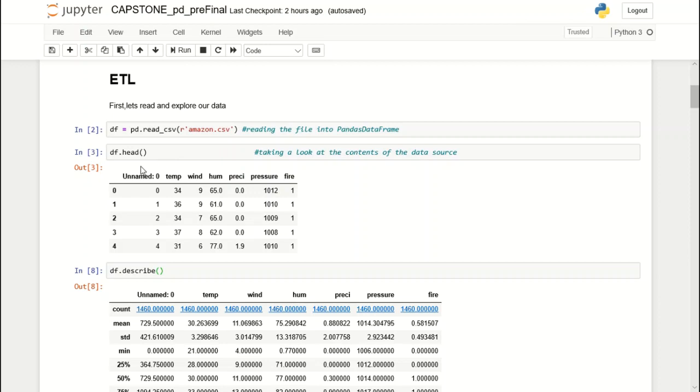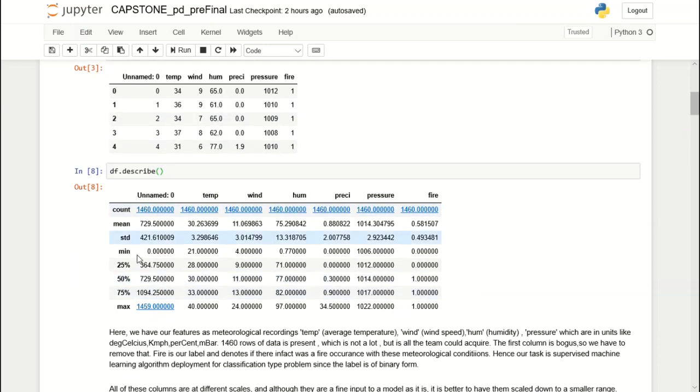We'll go ahead and describe our data frame, which shows us a lot of statistics about various columns. For precipitation, what we see is our mean is 0.88, but maximum is 34.5, which indicates that there might be a lot of outliers in this column.